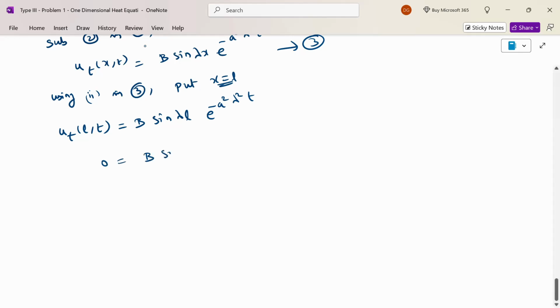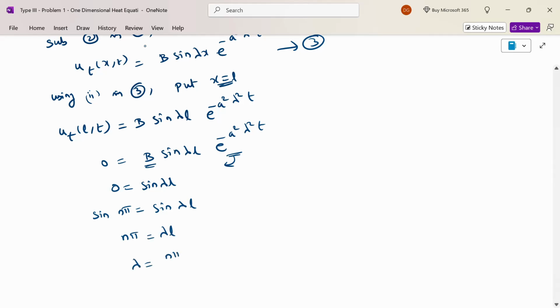Here B is non-zero, because if A is 0 and B is also 0, the solution is trivial. Therefore these two are non-zero, so sin lambda L equals 0, which is sin n pi. So lambda L equals n pi, then lambda equals n pi by L. This is the fourth equation.